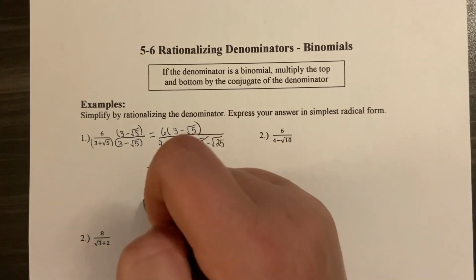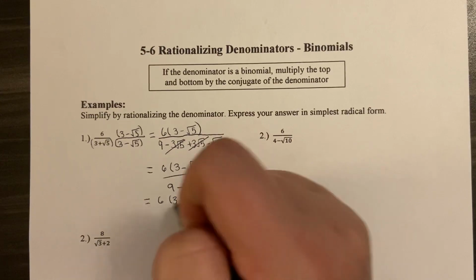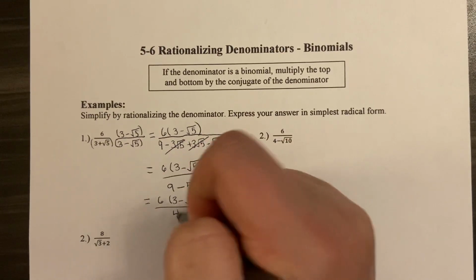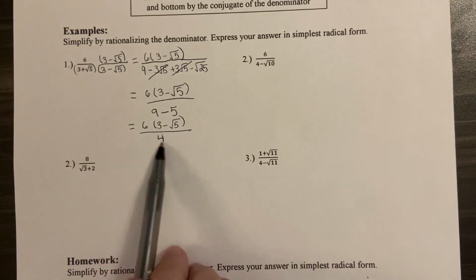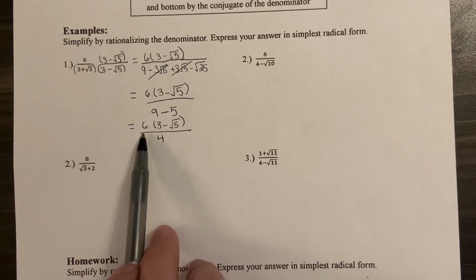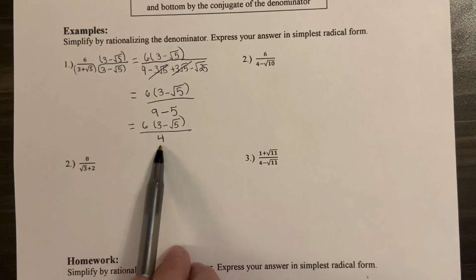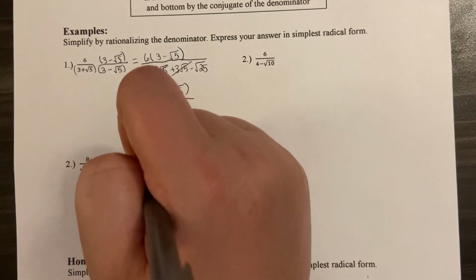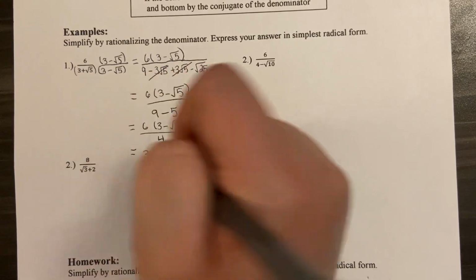Okay, so then from there, you simplify the bottom just a little bit. So 9 minus 5 is just 4. So you're almost done. If you can simplify this fraction in the front, you want to do that. And I can: 6 divided by 4 reduces to 3/2. So I'm just going to change that to be 3 times 3 minus radical 5 all over 2.